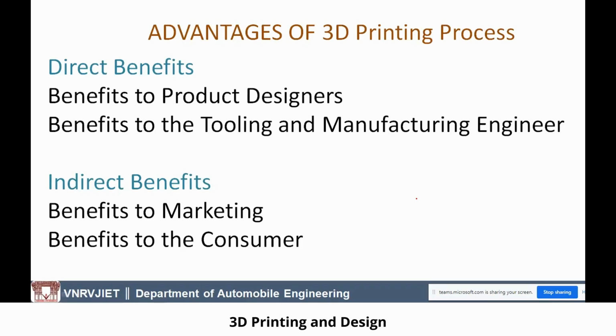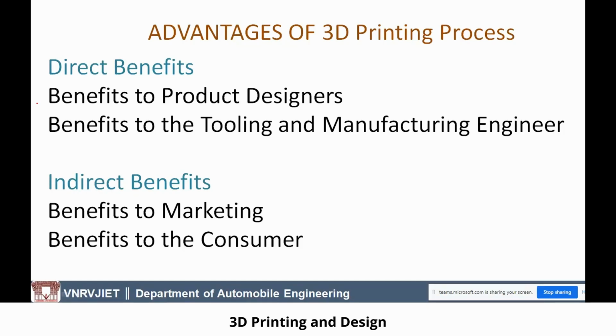But using the 3D printing process, you can produce the component and do testing very quickly. Not only that, the 3D printed components can be used for tooling; you can produce some tools directly, and you can produce some dies.